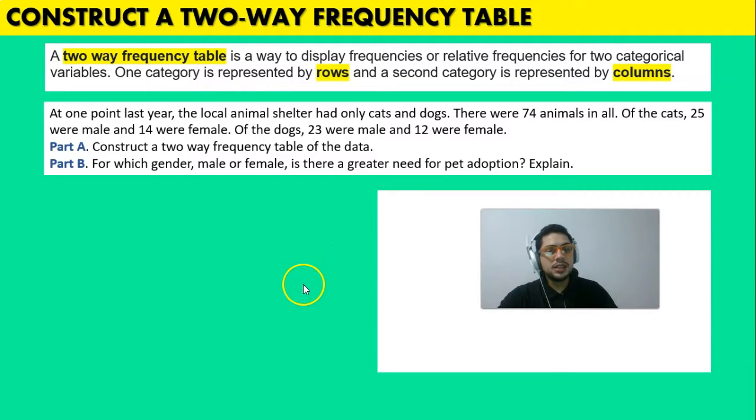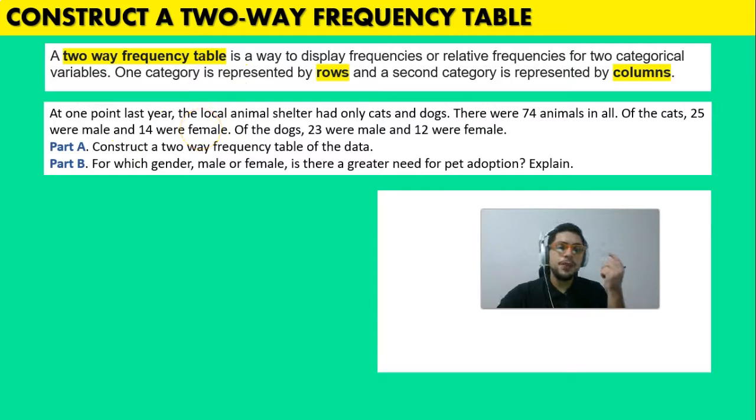Okay, so the first thing that we have to ask ourselves is, how do we present a two-way frequency table? We know from the problem that we have cats and dogs. So that means that the type of animal is going to be one category. And then the other thing that they mention is whether they're female or male, so the gender is also being mentioned.